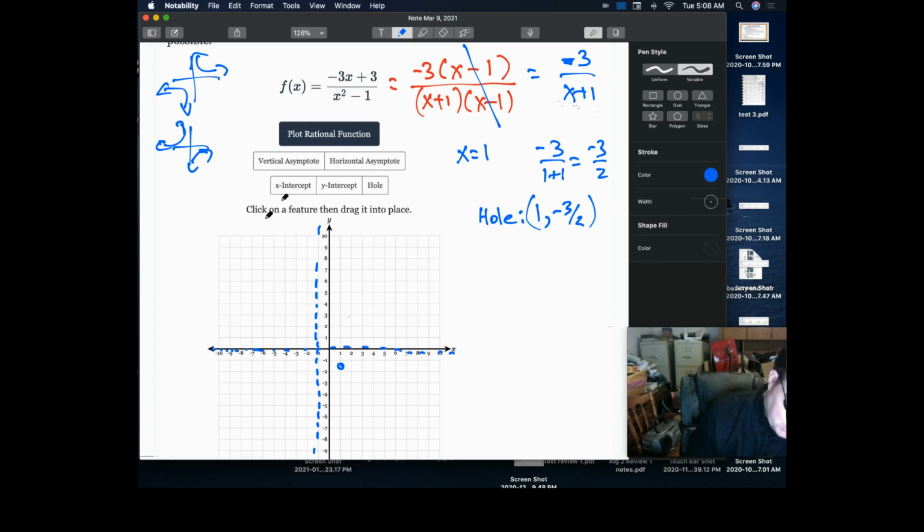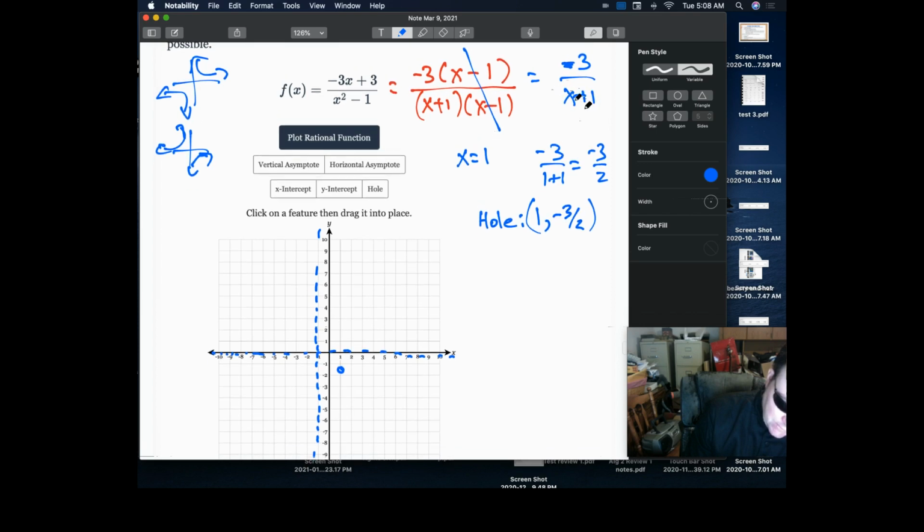The parent function tells us that that's what's going to happen, but also the end behavior tells me that's what's going to happen, right? Because for really large values, x is going to get very big. Or if you prefer, it's bottom heavy. The exponent on the bottom is bigger, so that's y equals 0. However you want to think about it, I guess that's 3 different ways of thinking of it.